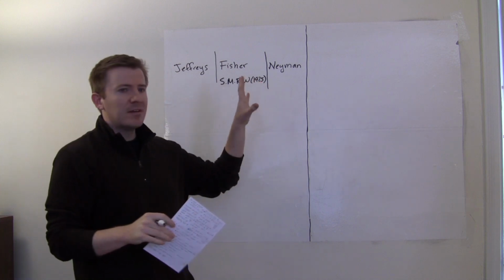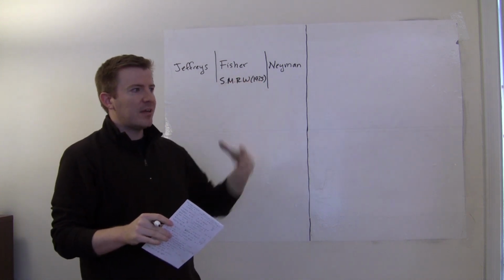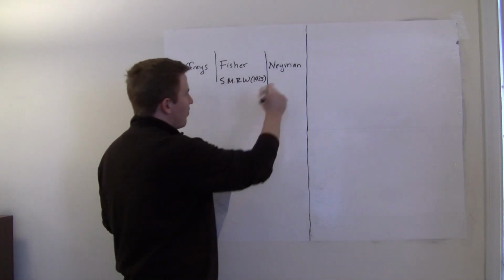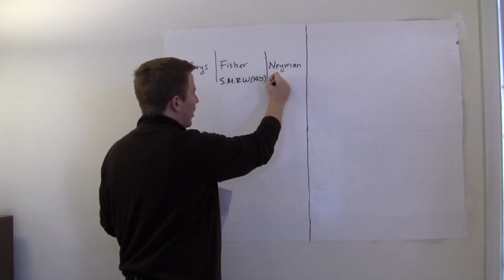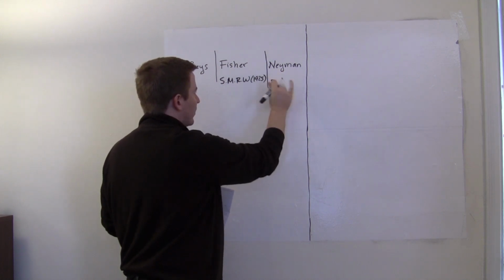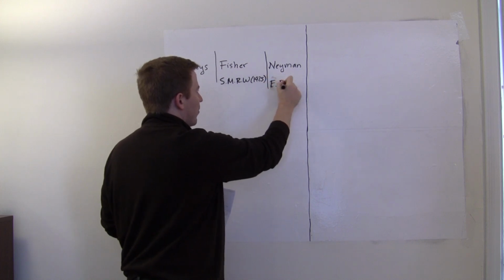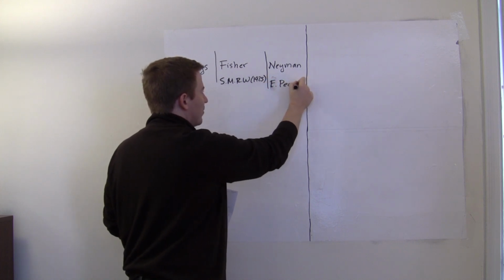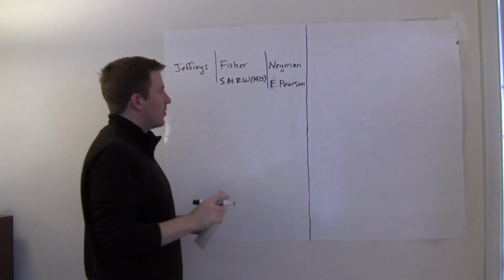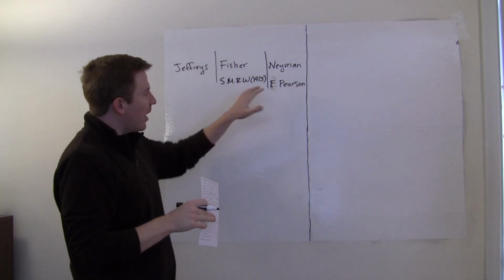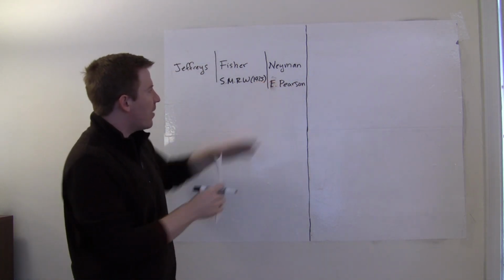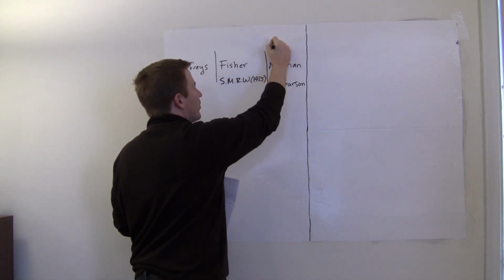His collaborator and contemporary, a guy named Egon Pearson, with whom he developed a very famous theorem called the Neyman-Pearson lemma, or Neyman-Pearson theorem. And Egon's father, a guy named Karl Pearson.